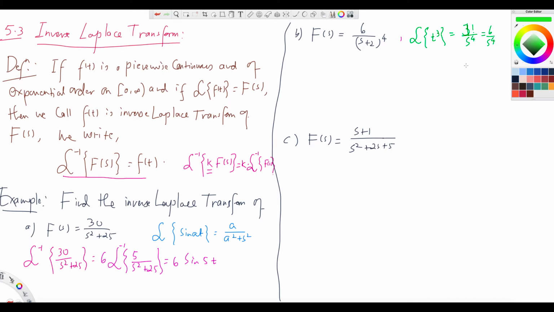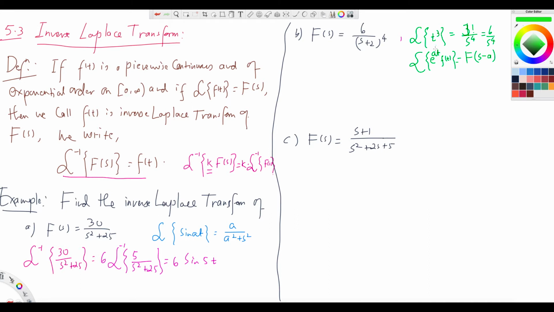But there is 6 over, but there is s plus 2. What may be coming there? Also, do you remember the Laplace transform of e to the at times f(t)? That will be F(s minus a). If there is a plus a, there will be s minus a.